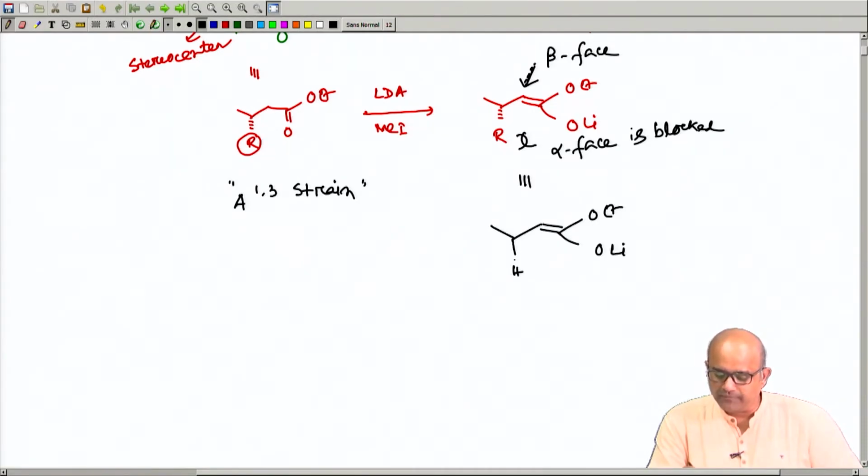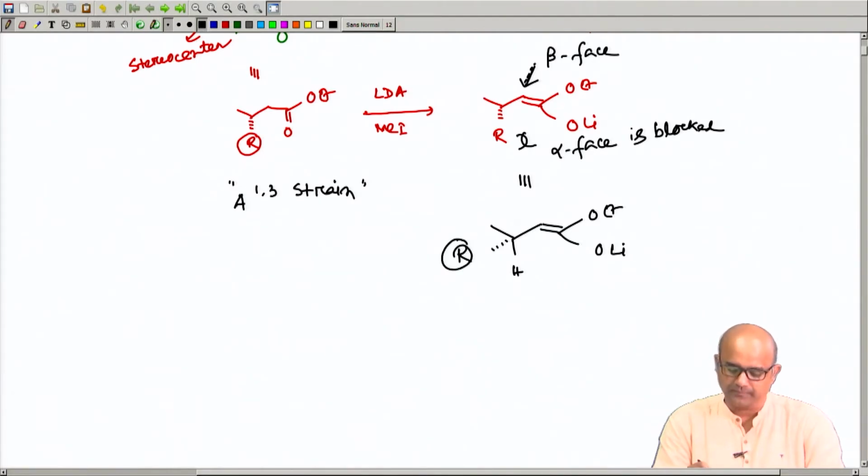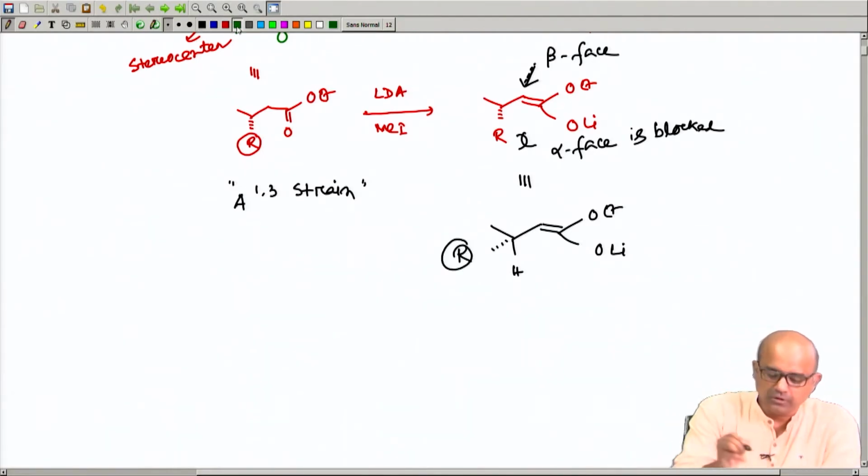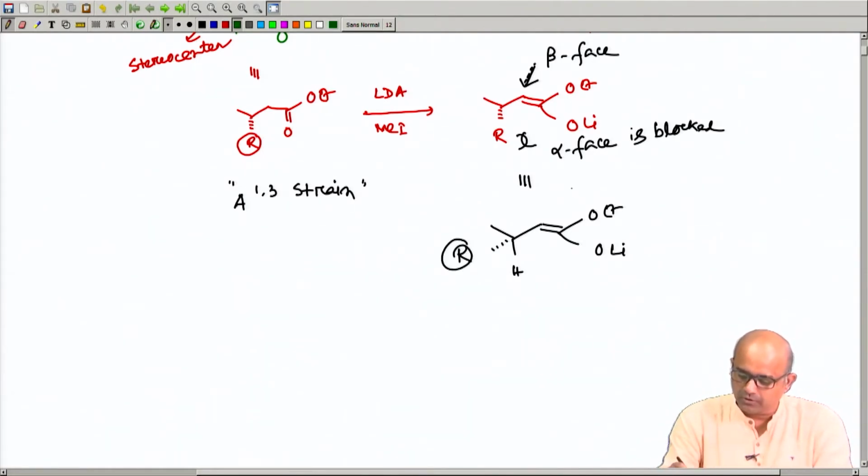So, the CH and this allylic plane reside in a plane, and now eventually you can put this bulky group R here by keeping the absolute configuration same. Now, this is your controlling element to combine the electrophile.